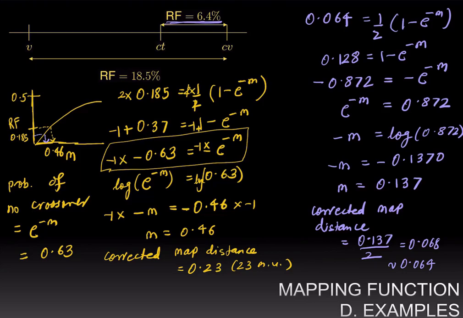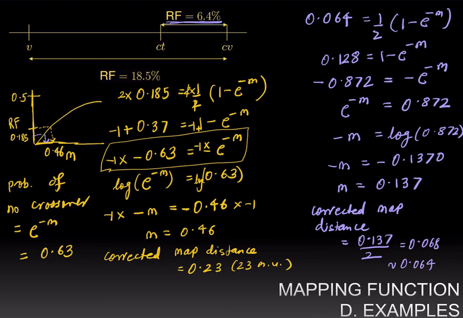To summarize, we started by recognizing a problem with map distance, which is that map distances underestimate the true distance between genes because they do not account for double, triple, quadruple, and so on crossovers. We came up with an approach called the mapping function, which takes into account these multiple crossovers and gives us an accurate estimation of the map distance.